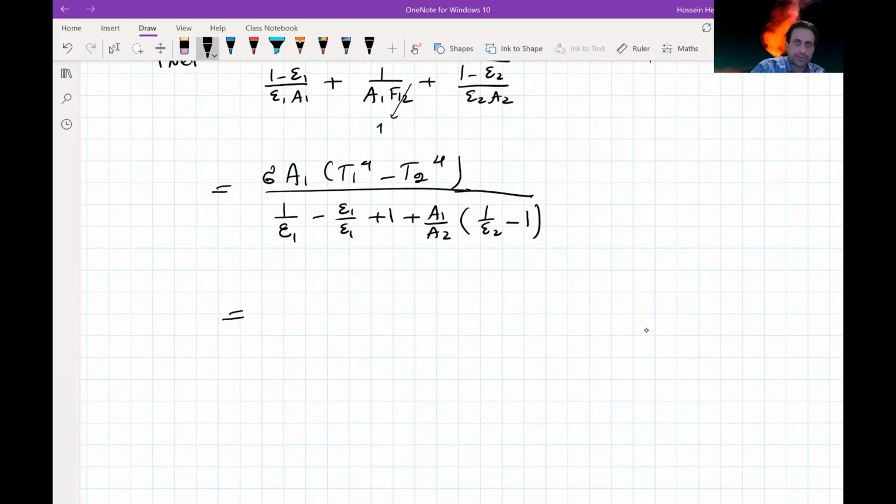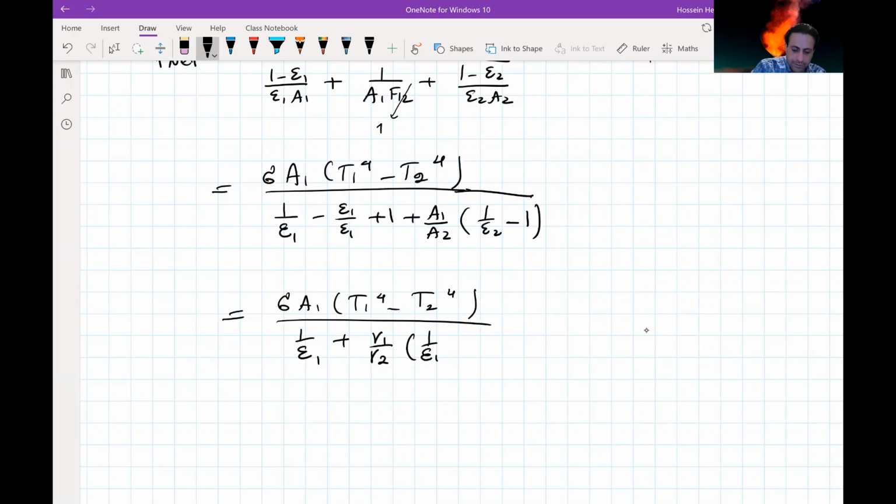So this is going to be sigma A1 (T1 to the power of 4 minus T2 to the power of 4) divided by 1 over epsilon 1 plus R1 over R2 times (1 over epsilon 2 minus 1).